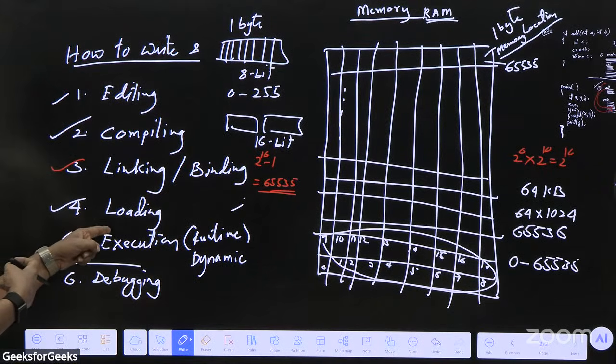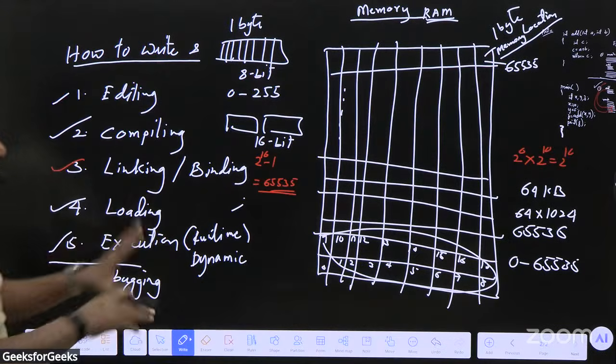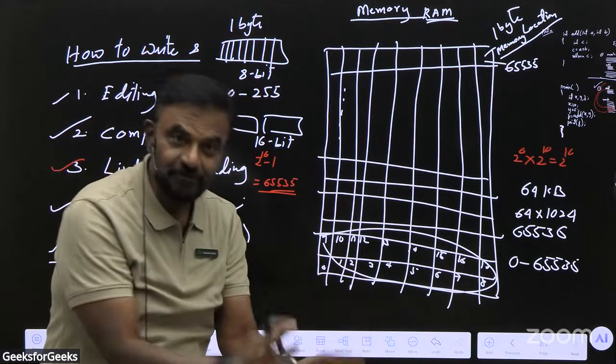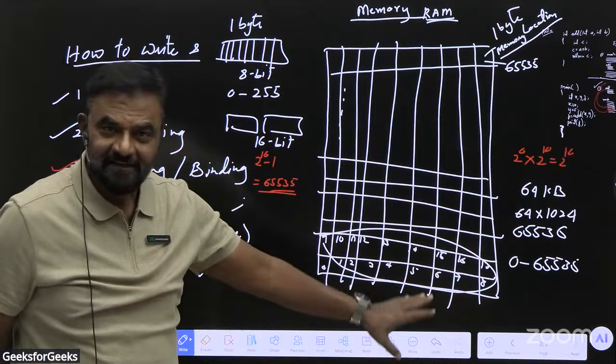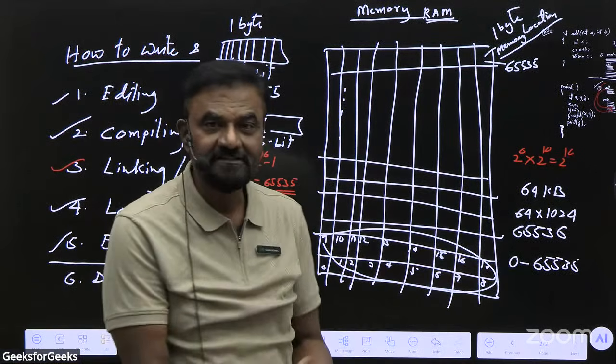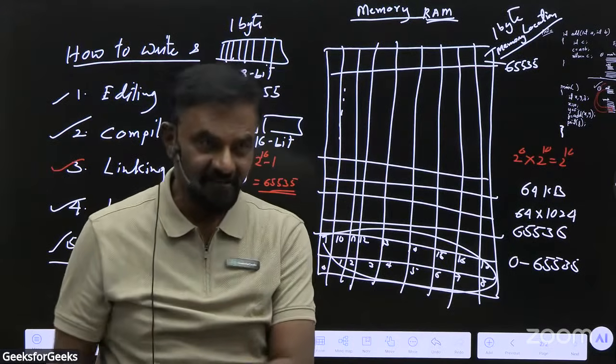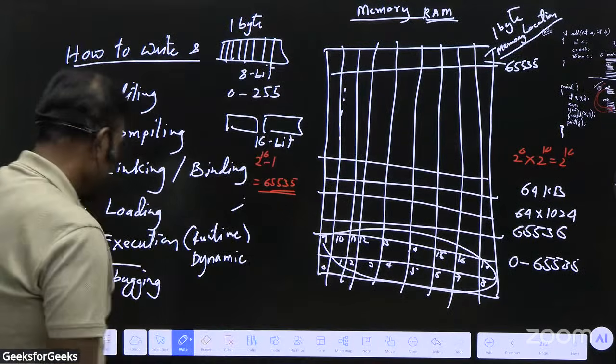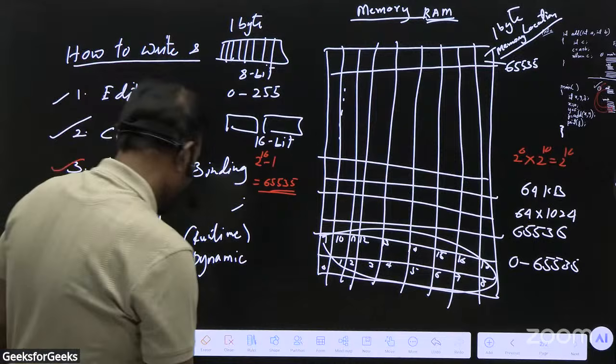We are talking about this one only, right? To come to this point, I have explained all these things. Now you are ready to talk about loading. We are talking about programs actually, but in the meanwhile, we have seen that the operating system is loaded in the RAM. Now, next thing, I have to take a different picture.